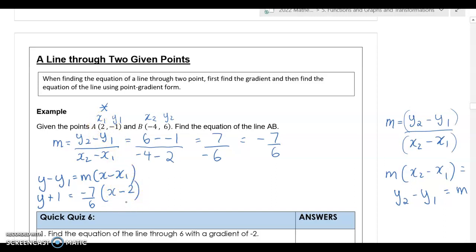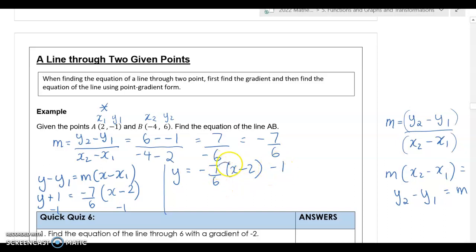Okay, so what we might find in this case is it would have been a little bit easier to use just a straight out y equals mx plus b. But let's keep going and we'll see how we go. I'm going to take one away from both sides here. Y is going to be equal to minus 7 over 6 (x minus 2), minus 1.